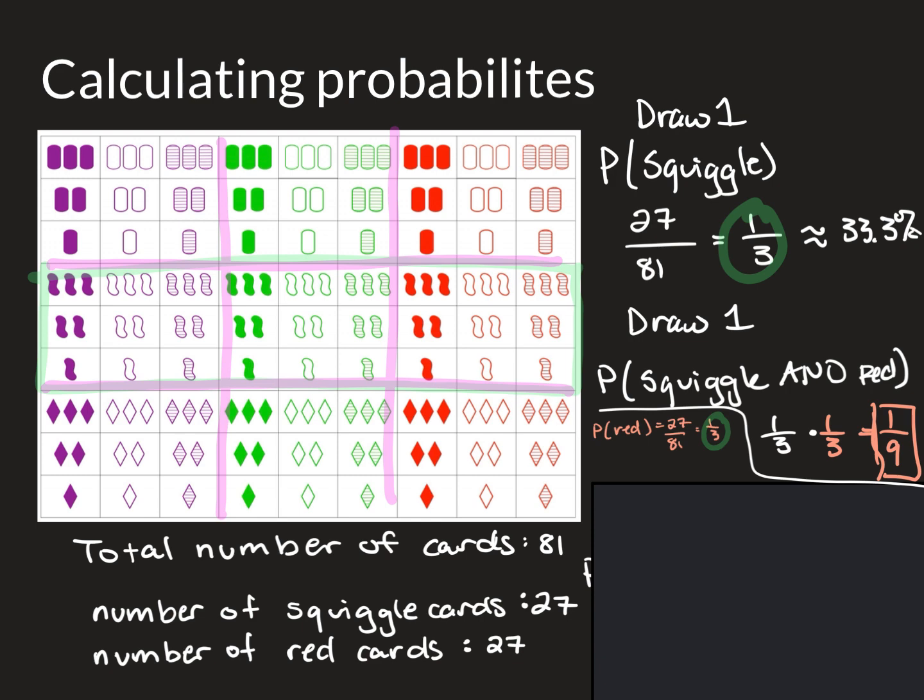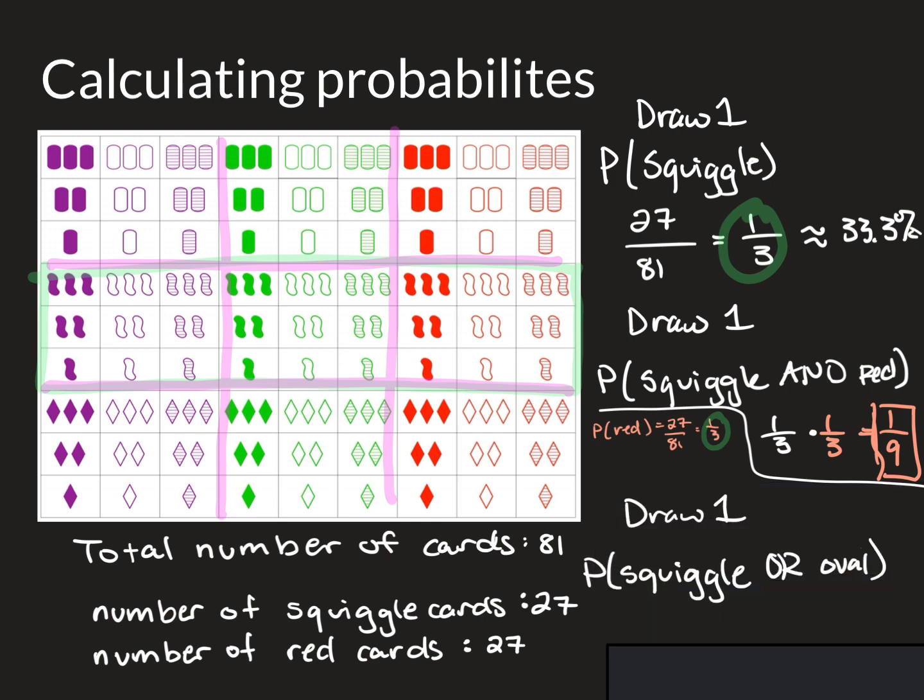Okay, third one that we're going to look at is what is the probability of getting a squiggle or an oval card. So in this case, we know our probability of squiggle from up here, it's 1/3. Let's get our probability of oval.